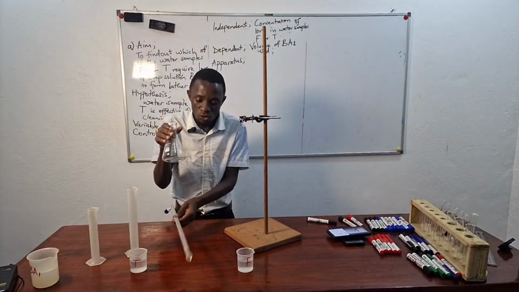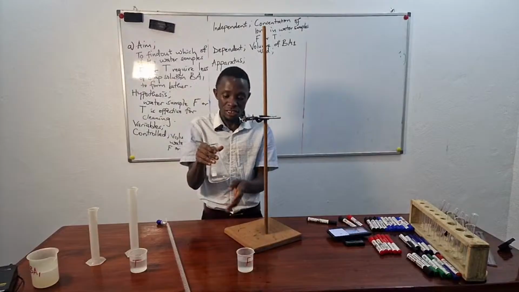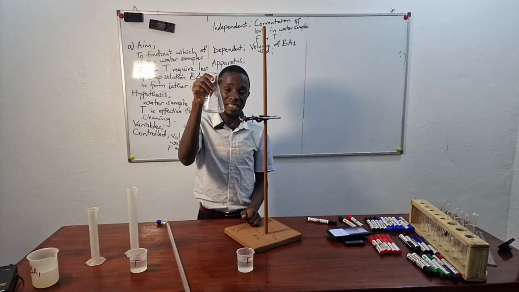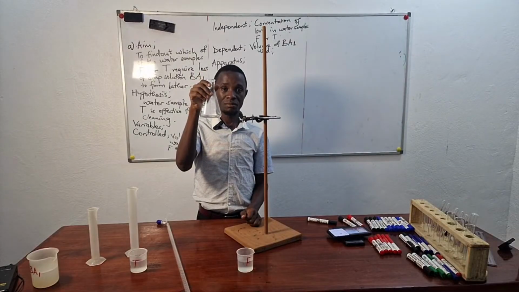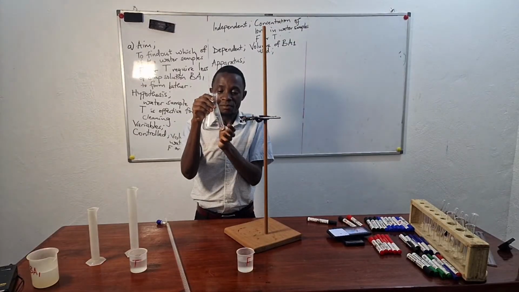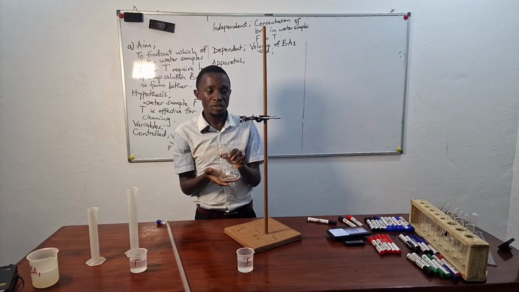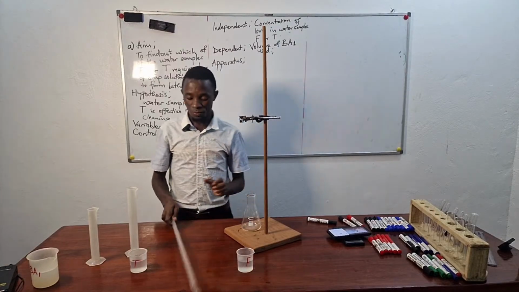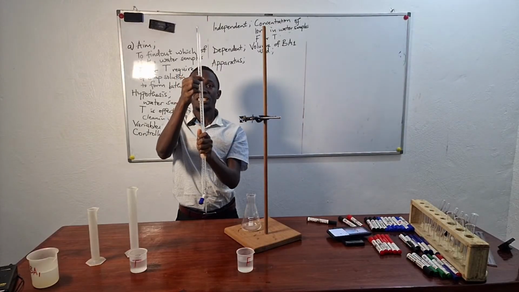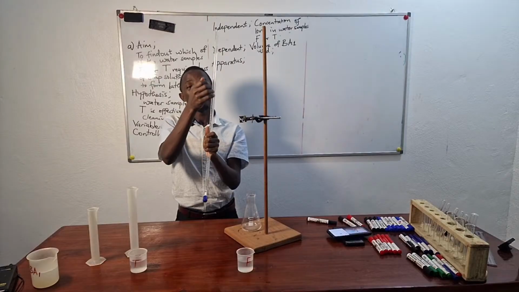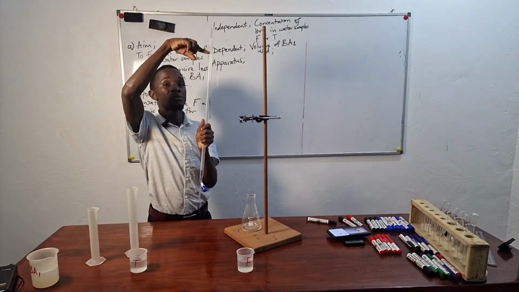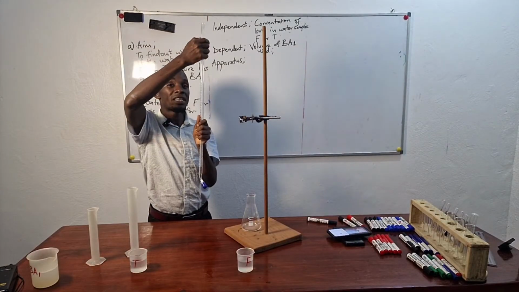So I'll add the soap solution from a burette to the water sample in the conical flask while shaking until I form a permanent lather. That point where the permanent lather is formed, I'll close the tap of my burette and then read the volume from the burette of the soap solution. So I first of all recorded the initial volume. It was my 0.0. That becomes my initial burette reading.